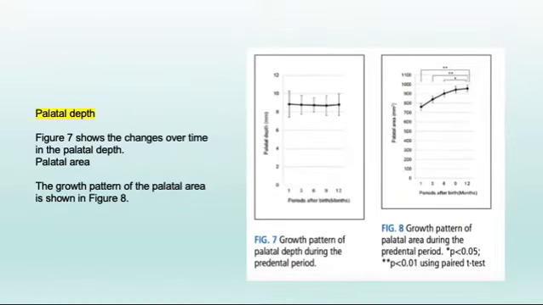Palatal depth, figures 7 and 8, change over time in the palate. In contrast to the change of other parameters, the palatal depth was almost unchanged from 1 month to 12 months. No significant difference was found in the palatal depth between any time of the period.